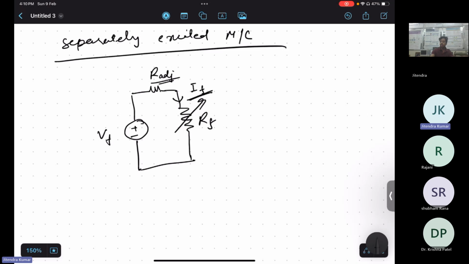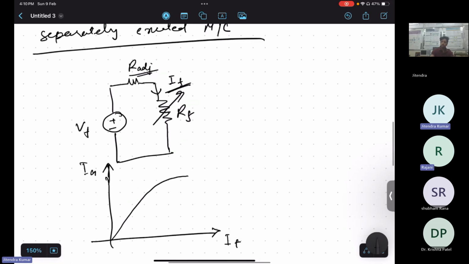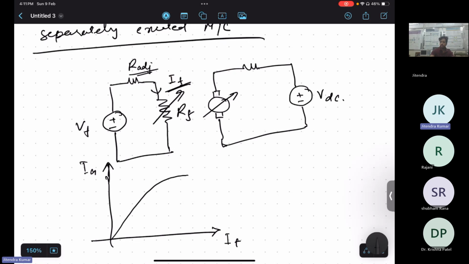And this field current is what creates the field flux, right? So you know the characteristics of flux and current. This is IF, this is IA. And how will your power circuit look? So this is your armature, and it is rotating. This is the DC supply voltage, this is EB, the back EMF, and this is RA.